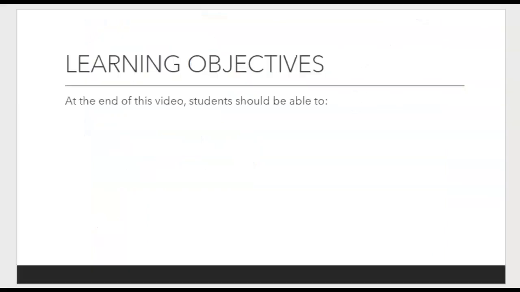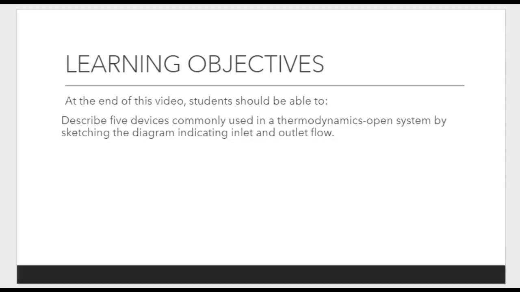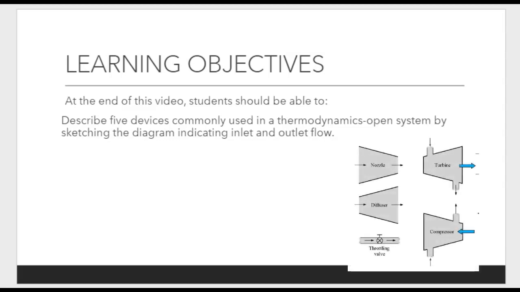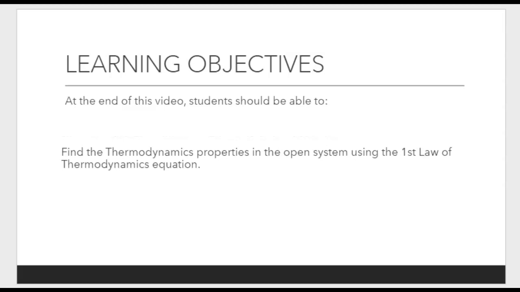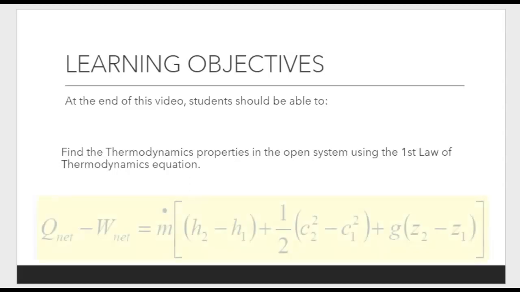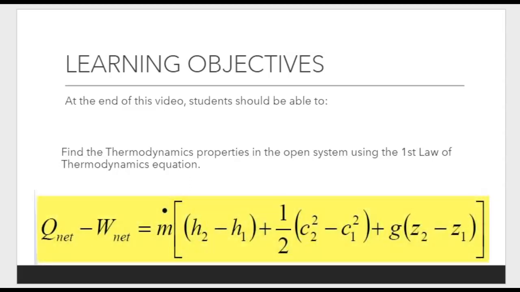Hence, before I finish this video, let's recap what should be learned in this chapter. So, the learning objective of this topic: at the end of this video, students should be able to describe 5 devices commonly used in thermodynamics open system by sketching the diagram indicating inlet and outlet flow. And then you will need to find the thermodynamics properties, for example pressure, volume, temperature, enthalpy, in the open system using the first law of thermodynamics equations.